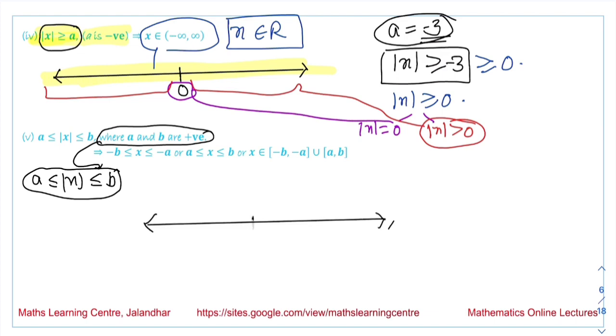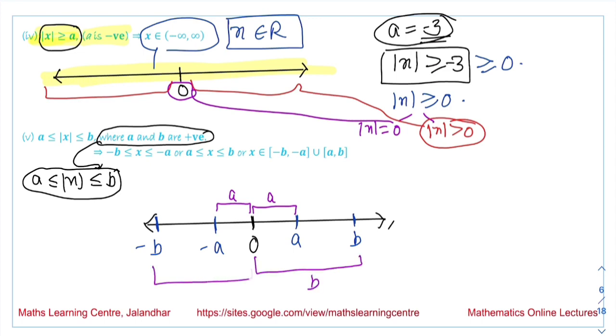So if we mark this point as O, this point is a, this point is minus a, this point is b, and this is the point minus b. The distance of O from a and minus a is a, and the distance to b and to minus b is b.